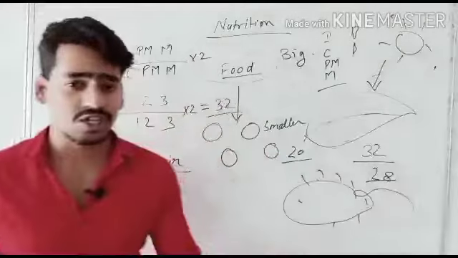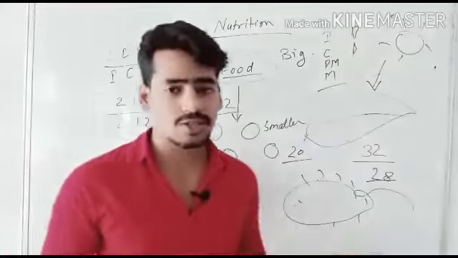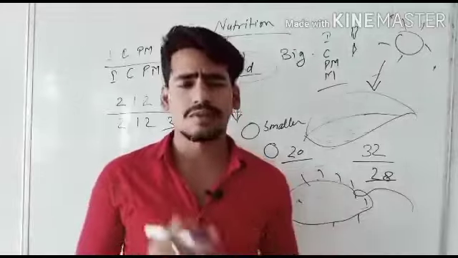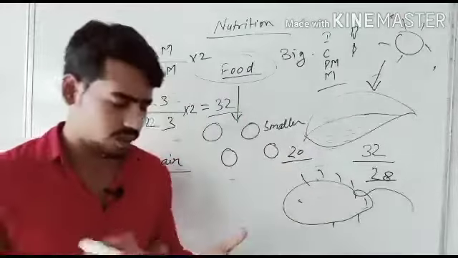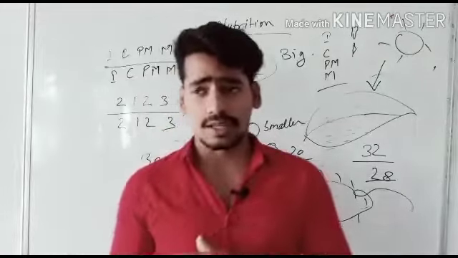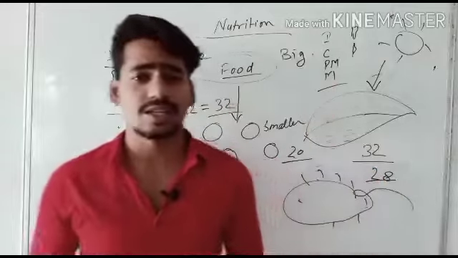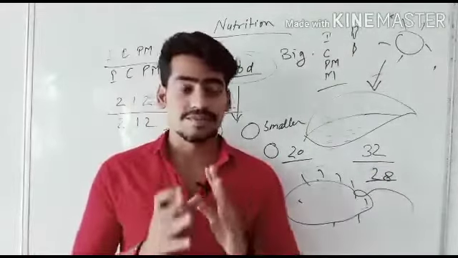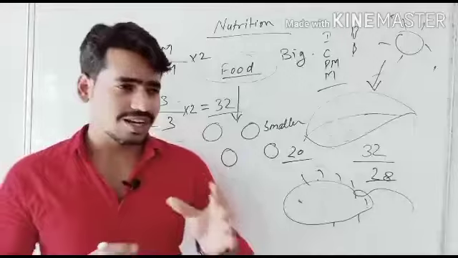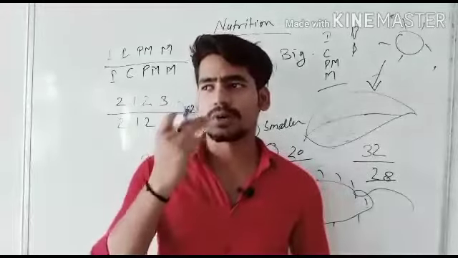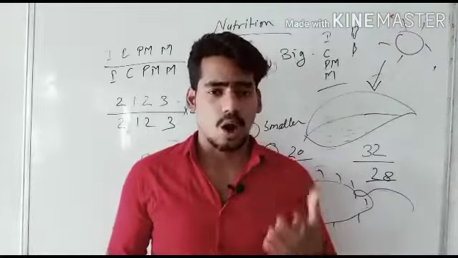The tongue has taste buds which give us the taste of anything we are eating, whether it is salt, whether it is sweet, whether it is chili. Let's talk about chili. Chili is just a sensation which gives a burning sensation on our tongue.